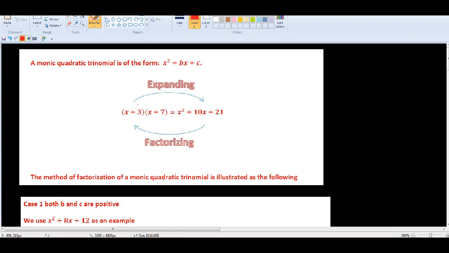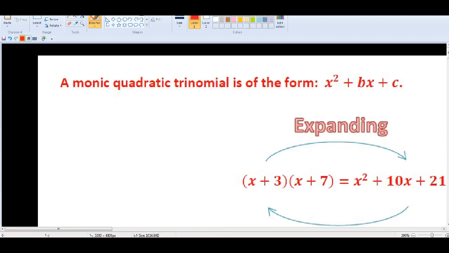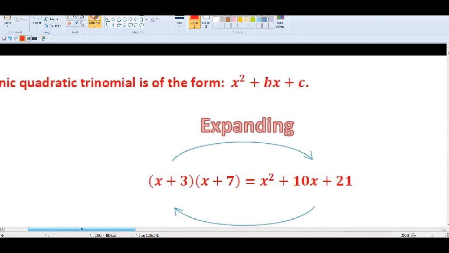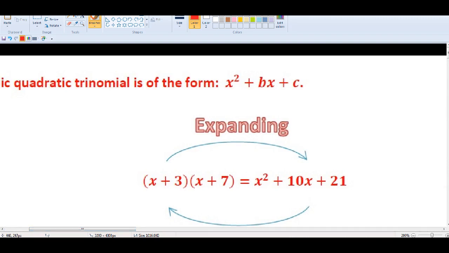Previously, we have learned how to do the expanding from 2 brackets. For example, we have learned from bracket x plus 3, bracket x plus 7, we expanded into the expanded form. Of course, you have to do the simplification as well.